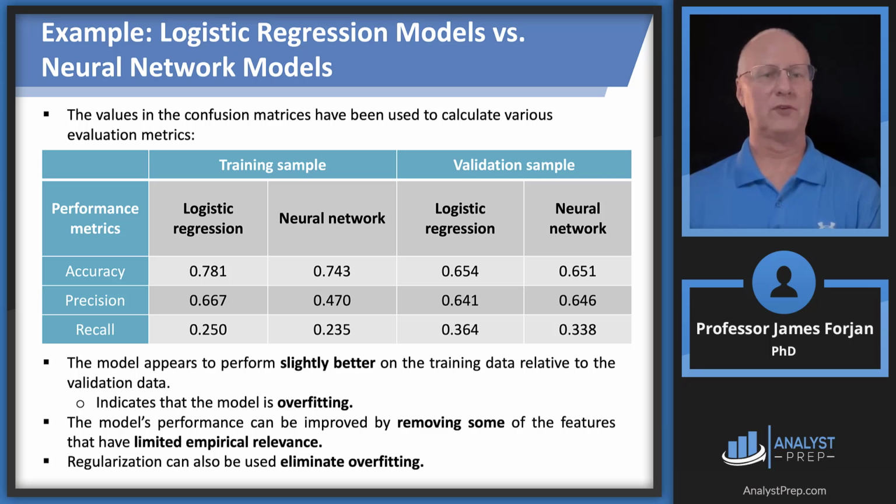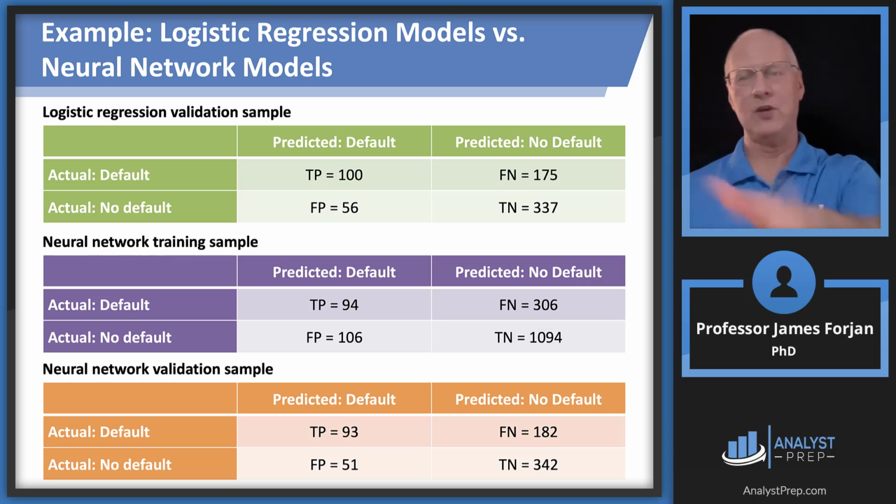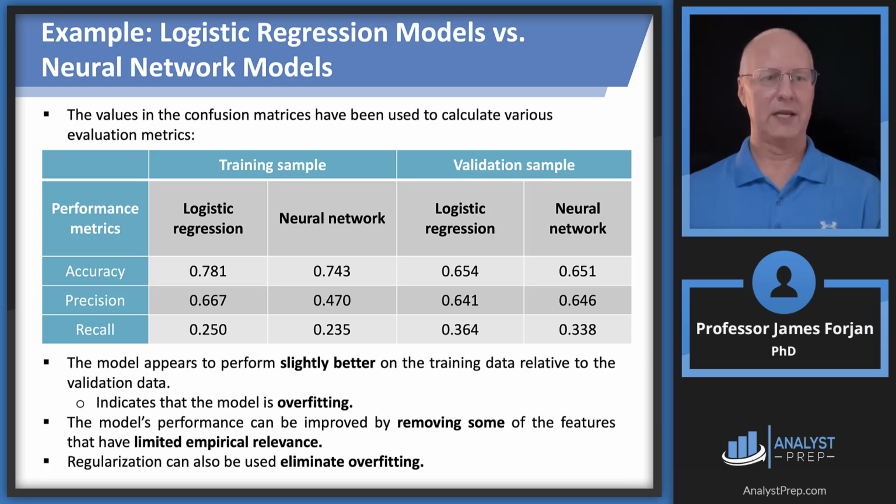The values in this confusion matrix have been used to calculate the various evaluation metrics. So we use the math here in these confusion matrices to get our performance metrics of accuracy and precision and recall.